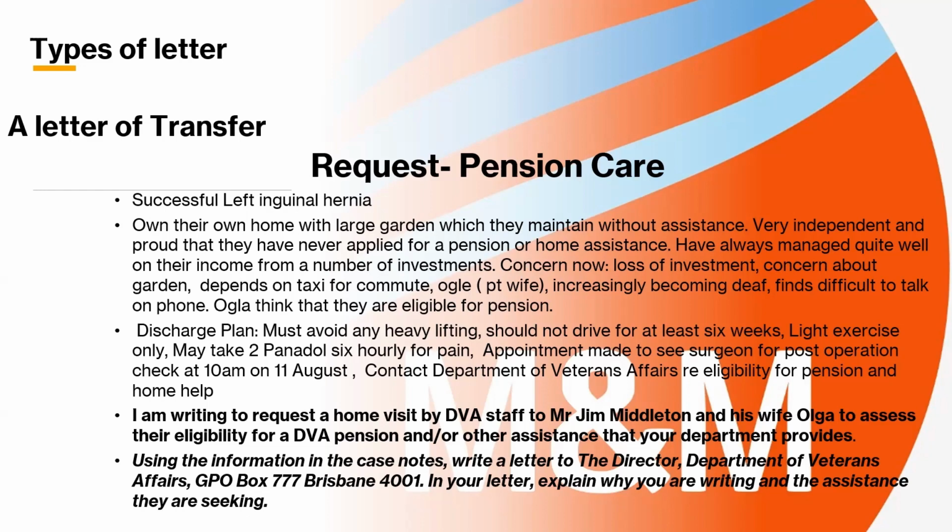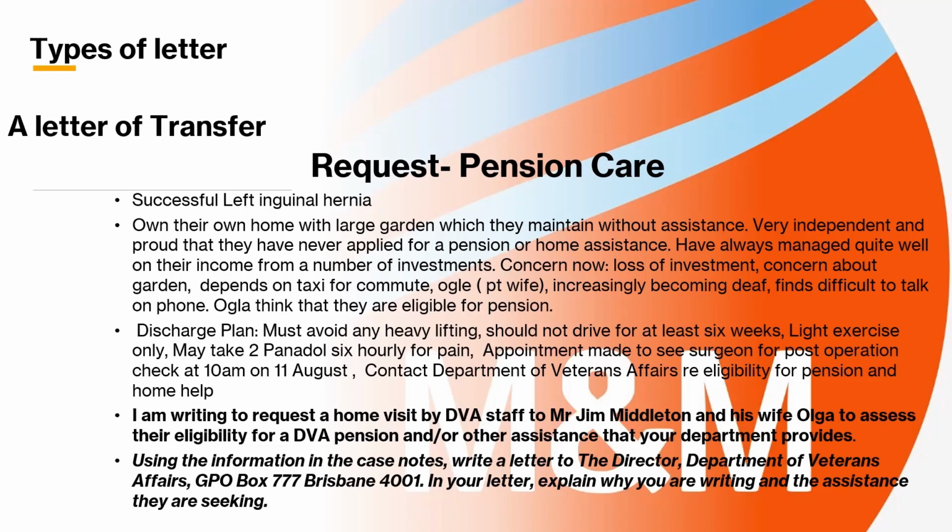So basically, we have introduced the scenario. There's a patient. It's better not to abbreviate at first, so we can write Department of Veteran Affairs in full once in the letter, then write the abbreviation in brackets, and then you can repeat it as DVA.